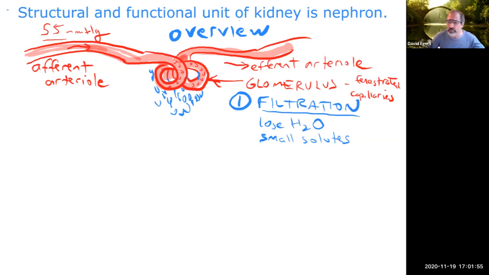Things bigger than 7 to 9 microns get trapped and stay in the bloodstream. But small solutes, things like urea, salts, but also things like glucose.